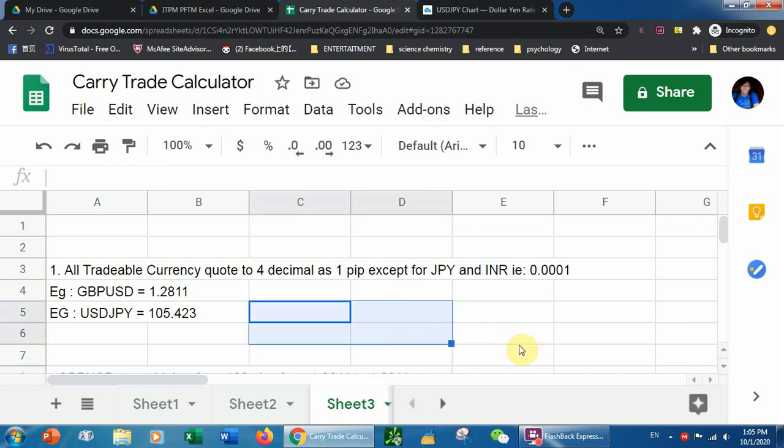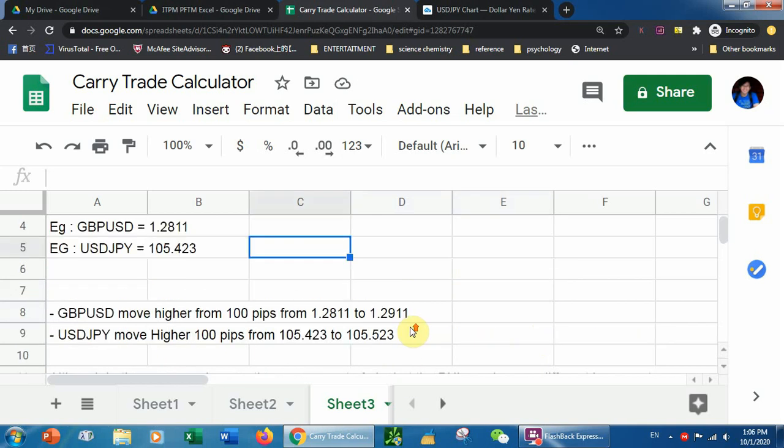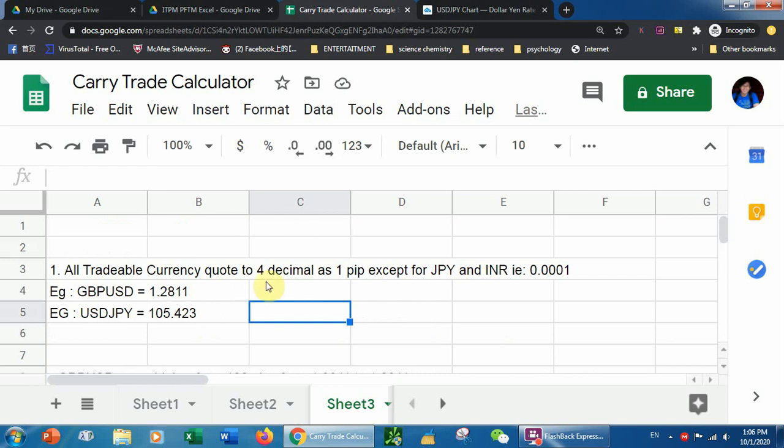Because if you calculate your return in percentage terms, it's basically a non-biased comparison. I will show you why. Because of the different decimal places quoted between the majority of currencies and the yen, you will get a very different percentage return.